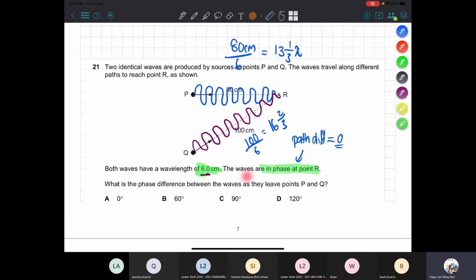Both wavelengths are 6. The waves are in phase at point R, so the phase difference here must be 0. What is the phase difference between the waves as they leave points P and Q? Somehow my head is jammed now.